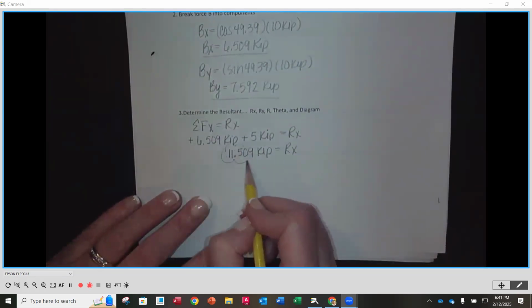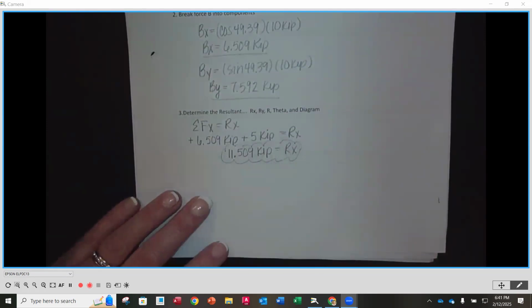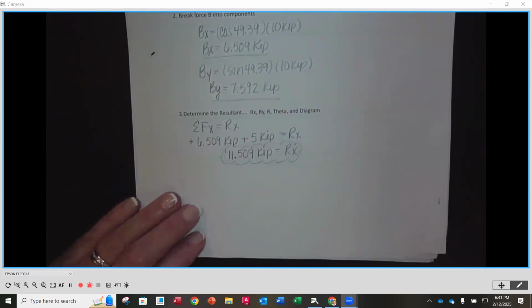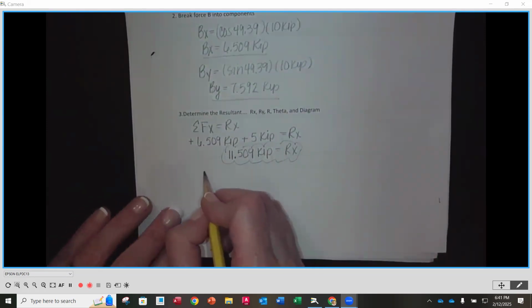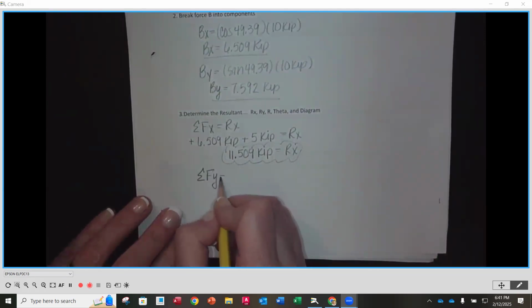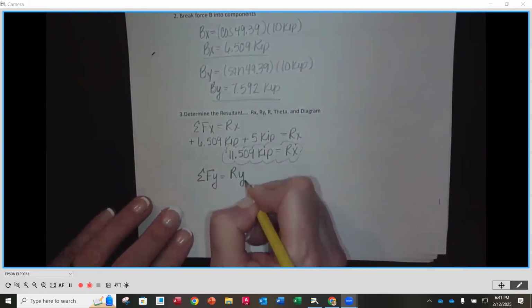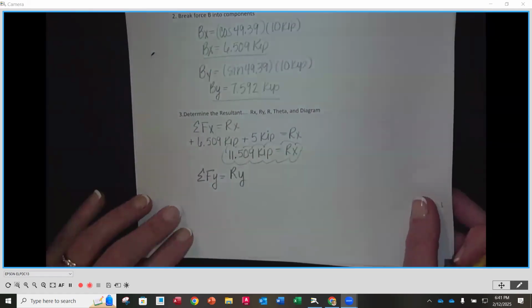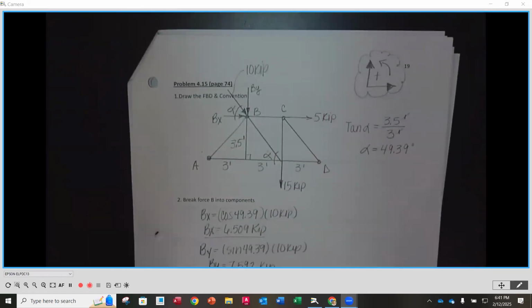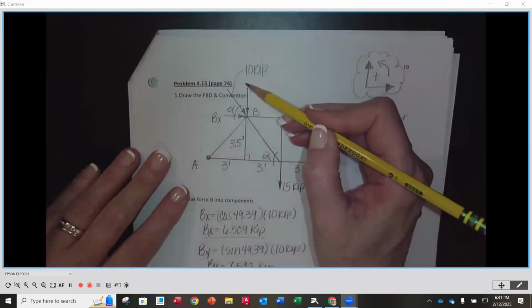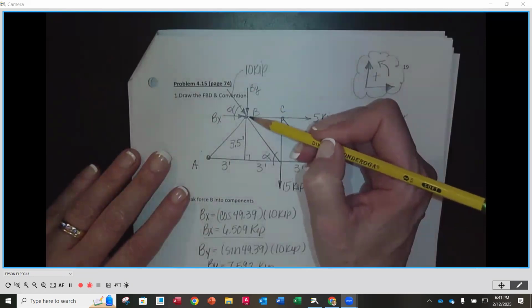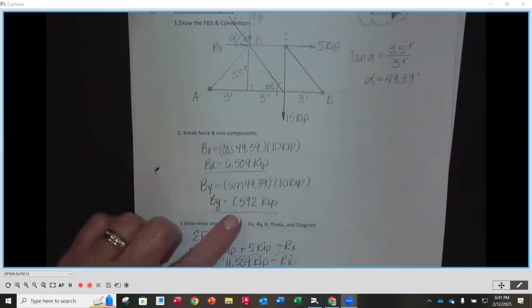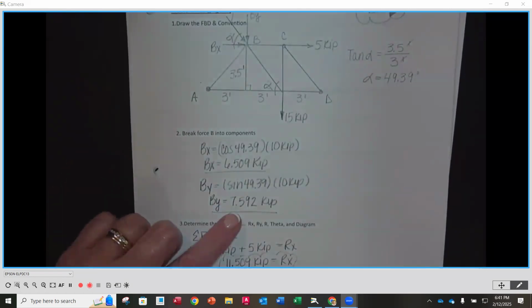So we'll just put this on the side here. Now we're going to do the same thing in the Y direction. We're going to sum our forces in the Y direction equal to the resultant Y component. So we're going to go back up and look: what forces do we have in the Y? We have a negatively directed, pointing down, By. We know that it is 7.592.